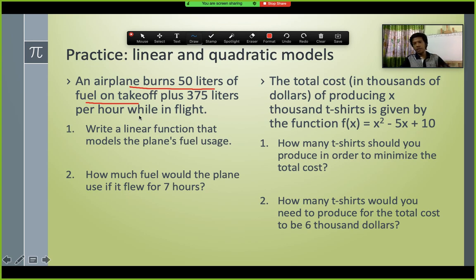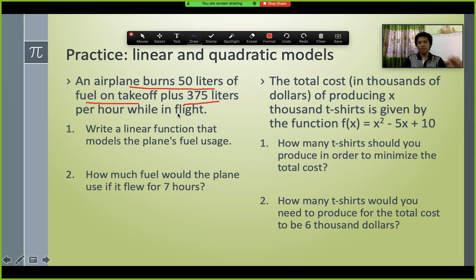After the plane takes off, this 50 liters they never use. It is already used and gone. Then it goes for this rate, that means 375 liters per hour. Every hour it keeps using 375 liters.